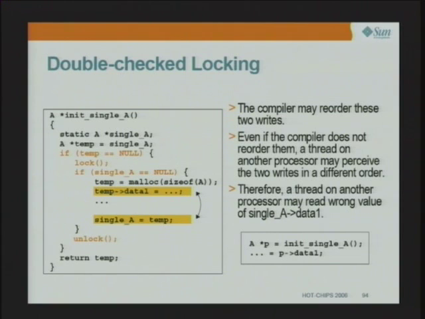If another thread comes and calls this routine, gets the value of P, then tries to access the value of P, and these two are reordered, then the value of data 1 and all the other data may not be initialized at this stage, even though P is initialized. So your program may crash.